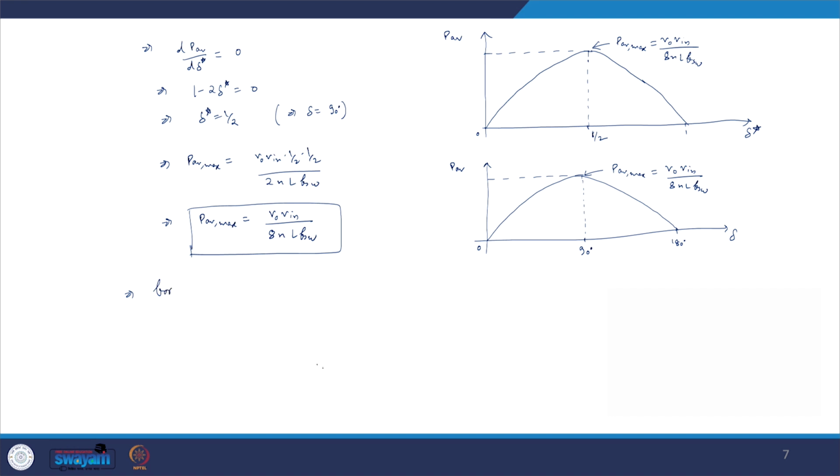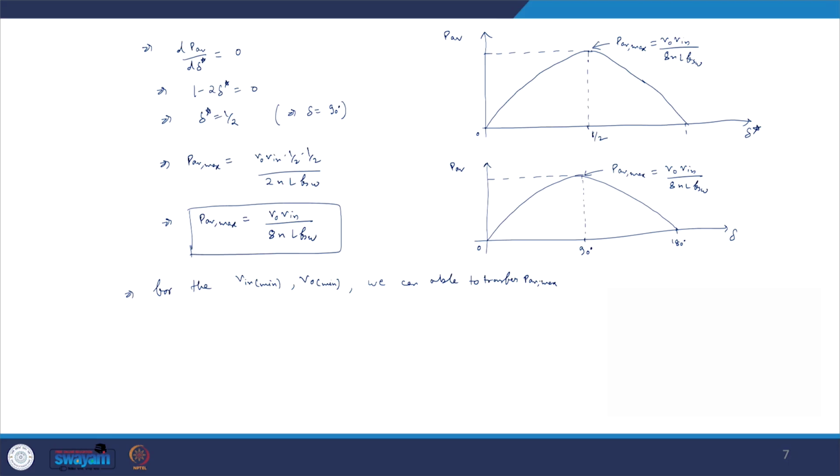That means we can now define some conditions, for the minimum value of V in and the minimum value of V naught, because you have variation in the input and output voltages, some ripples, so V in and V naught go somewhere between a minimum and a maximum value. So, let us define the minimum values of V in and V naught, with which we can transfer maximum power.